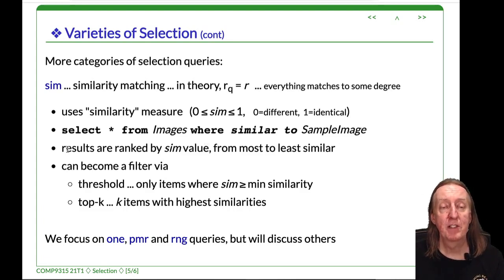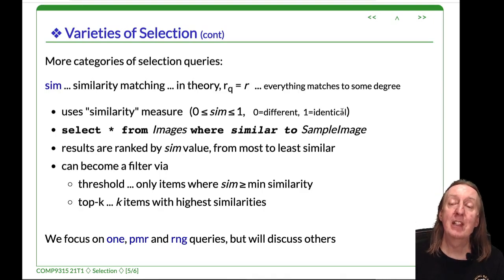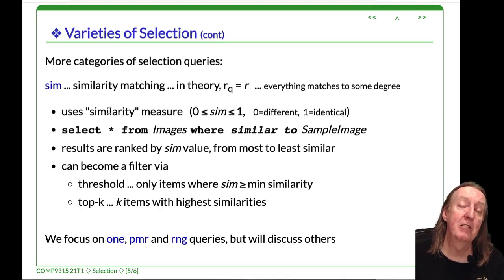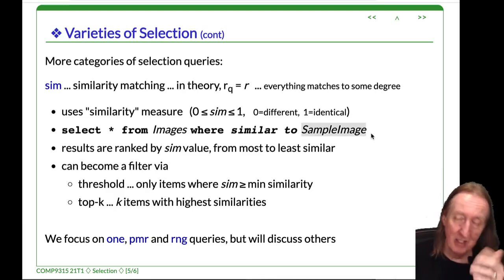All right, so in similarity matching, every tuple, every object in the table, has a similarity value compared to the query image or the query object.